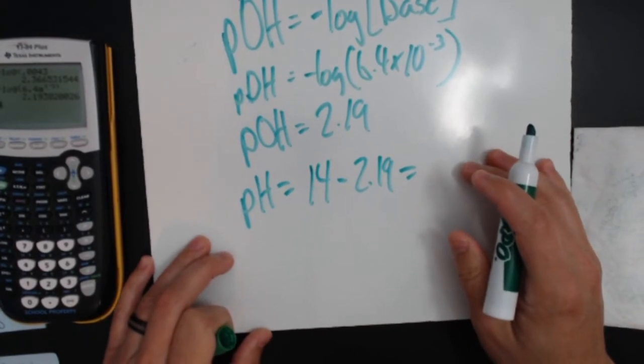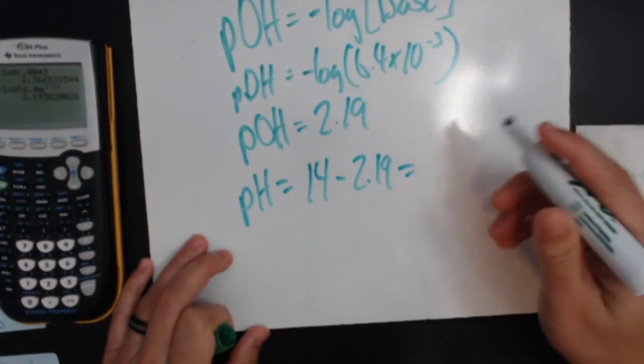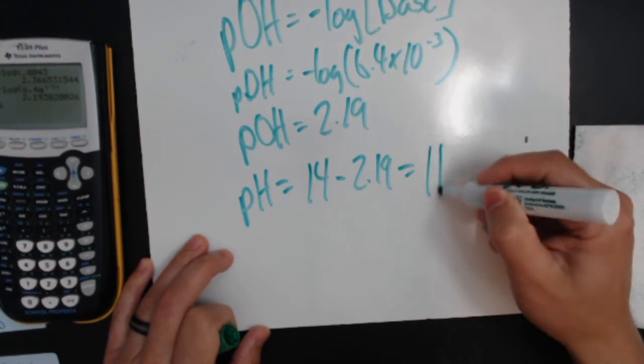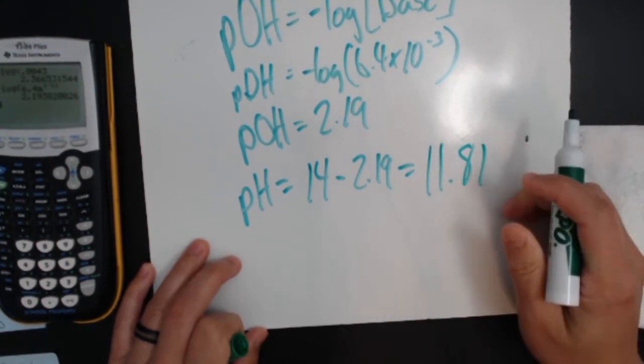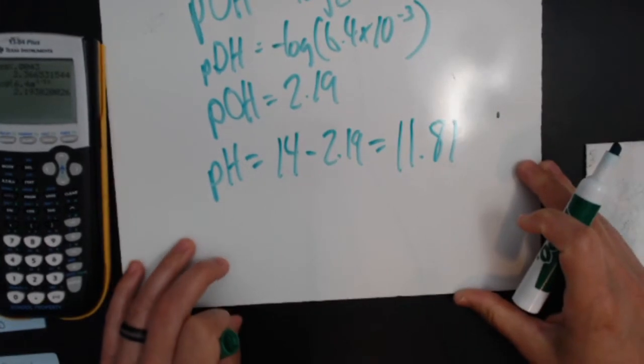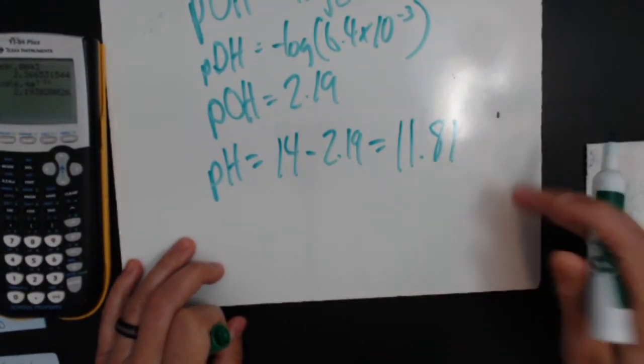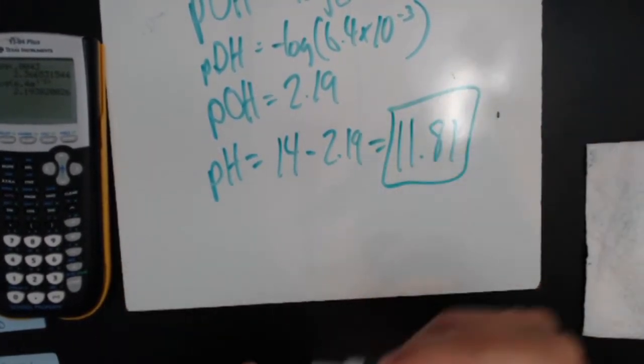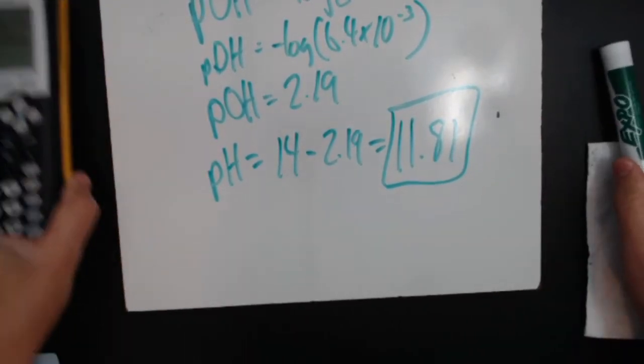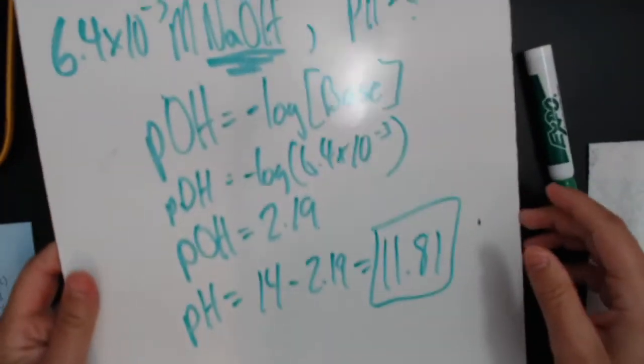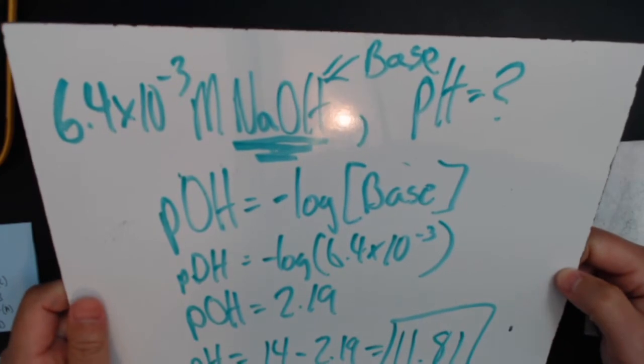14 minus 2.19. Where are my math wizards at? 11.81. This is your final answer. This is what I'm talking about when we're doing these problems. You have to pay attention to what you're being given.